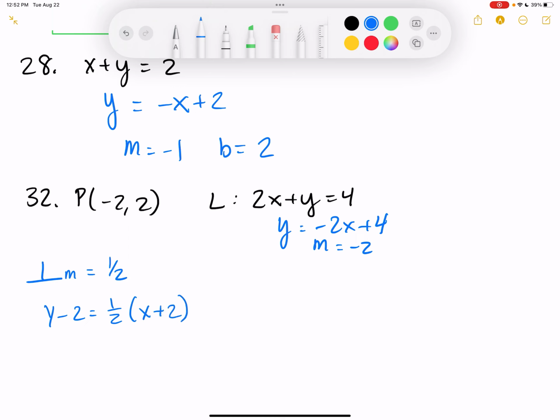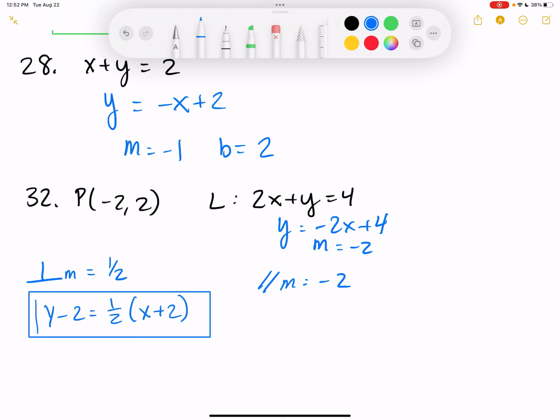You can leave it there, or if you want to, switch it into slope-intercept, you can. But it does not specify. All right, and then what would my parallel slope be? -2.